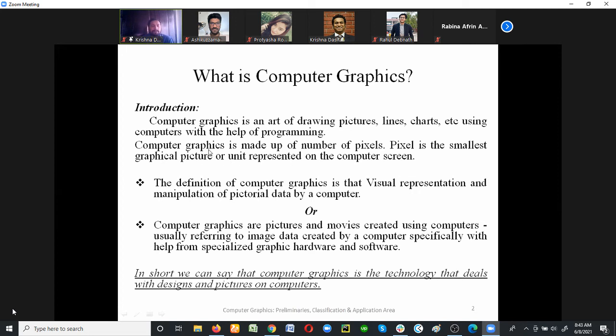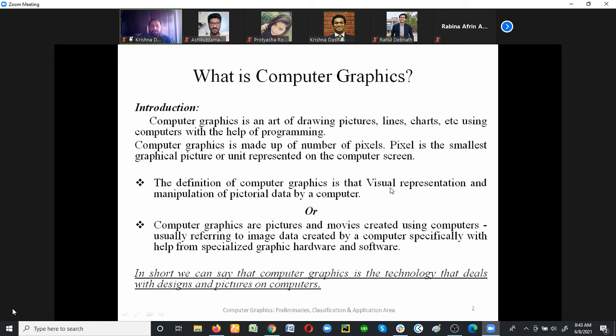When we come across this term graph in mathematics, at that time there was not even a digital screen, so how do you think about the graphics there? So from that graph concept, whenever it was digitalized on the screen, then the term graphics comes. And whenever it is related with the computer, then it is about instructions, and then it is about programming. Okay.